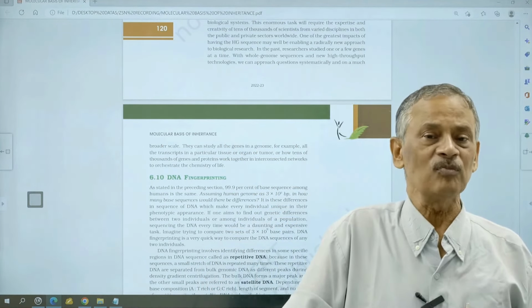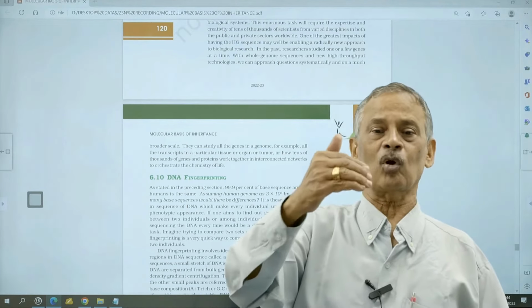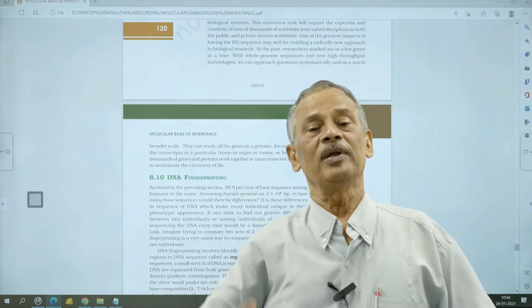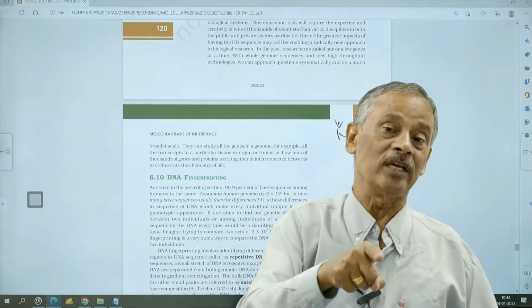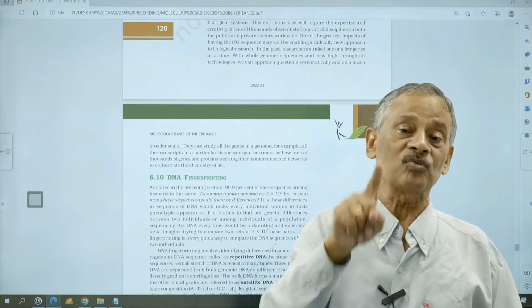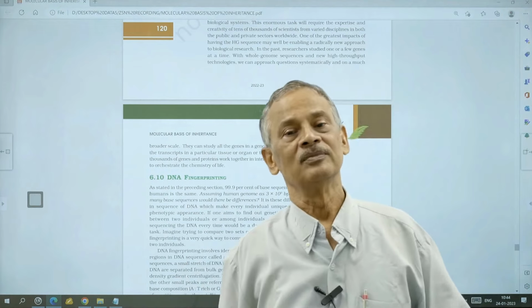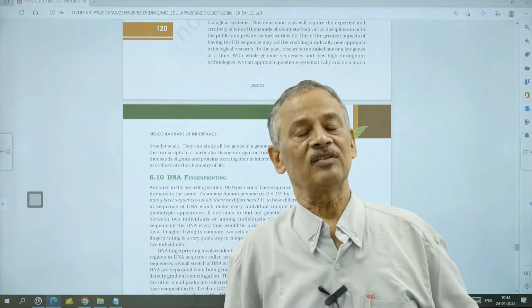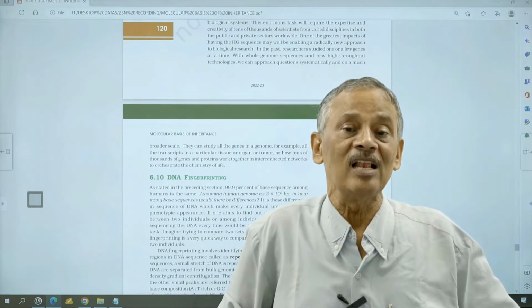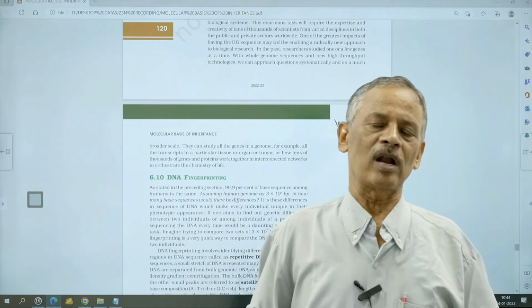It is not the same for all the chromosomes. From chromosome to chromosome, the polymorphism will differ, but it is unique for all cells, the same chromosome of all cells of that individual. So any cell is sufficient. So you have to take a cell with nucleus.